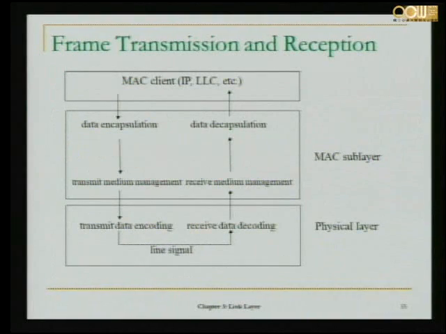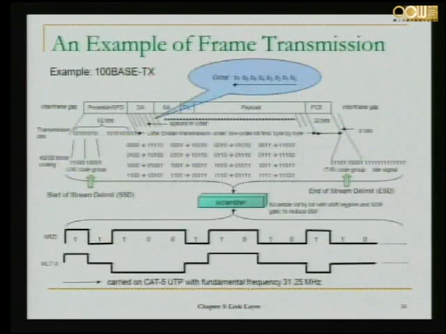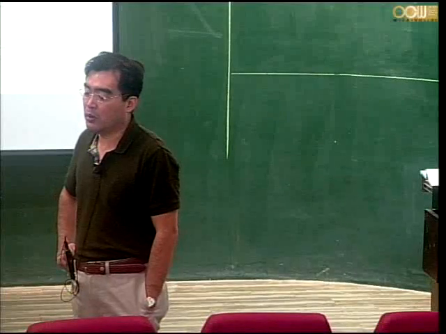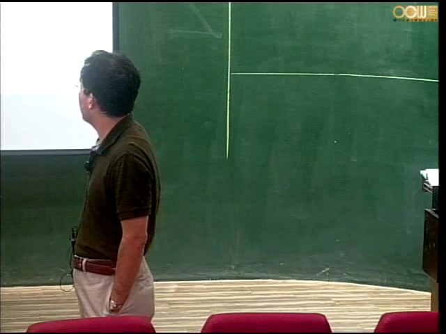And again, the encapsulation and decapsulation process. So here's an example of frame transmission. As we mentioned, if you have a multiple byte field, then you need to care about the byte order, I mean the order of bytes being transmitted.